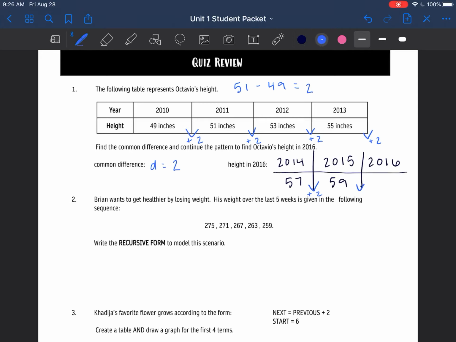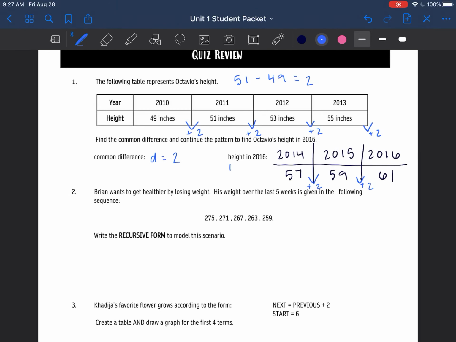And then add 2 more to get to 2016, which is the year that the problem is asking us about. 59 plus 2 is 61. So his height in 2016 was 61 inches. So 2 concepts there, finding the common difference and then continuing the pattern further.